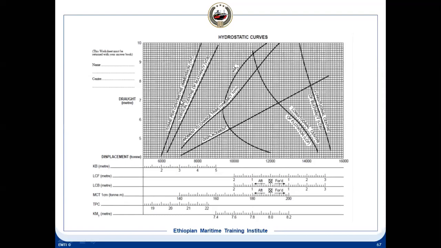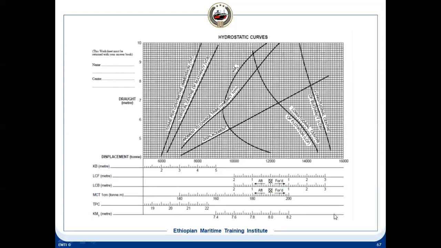At that draft, you see where it coincides on the TPC curve, then you draw a vertical line, and you will get how much the TPC is for that draft, because as the draft changes, your TPC changes, as the water plane area changes. So from this curve we can find out TPC.